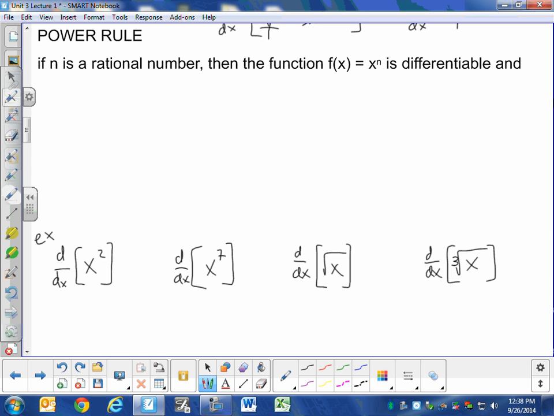It's just more of a, if x to the n is differentiable, and really the power rule is, if you want to take the derivative with respect to x of x to the n, you will take your exponent and move it in front of the x, and then you will subtract 1 from your exponent.